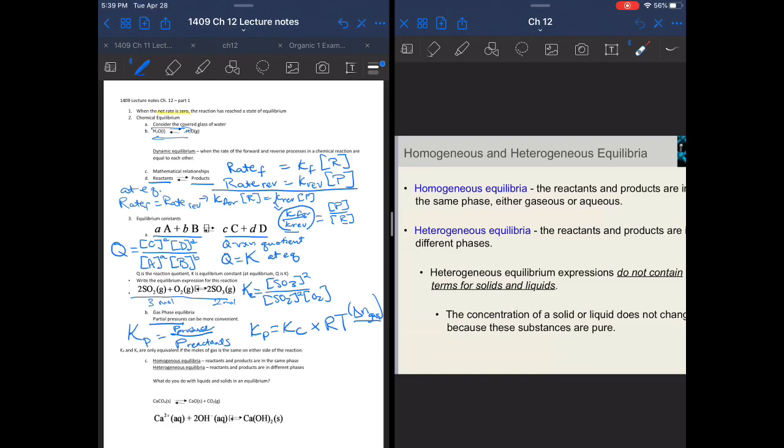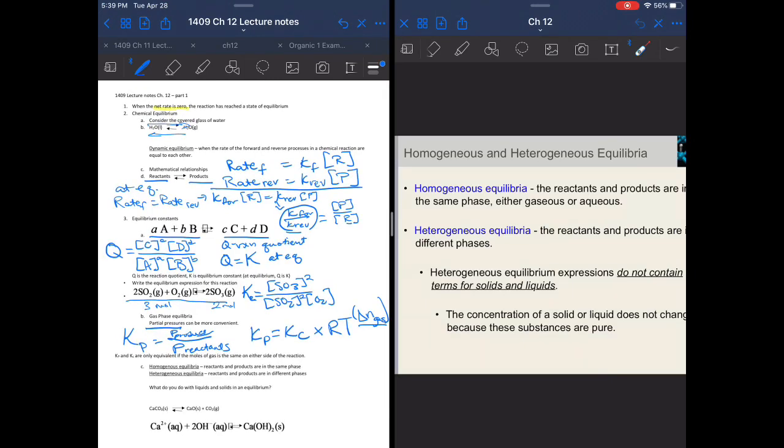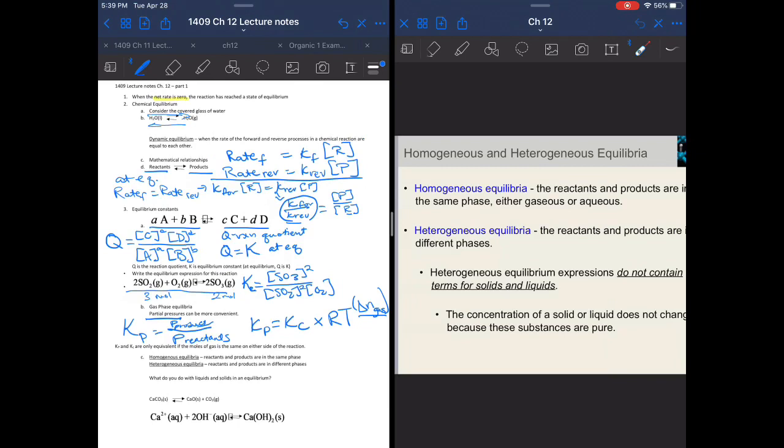Another thing that's really important to keep in mind when writing equilibrium expressions is homogeneous versus heterogeneous equilibrium issues. All right, so homogeneous equilibria, reactants and products are all in the same phase, they're all aqueous, they're all gas. But there are going to be heterogeneous equilibria that we're interested in that have solids and liquids mixed in. And you need to know how to deal with solids and liquids.